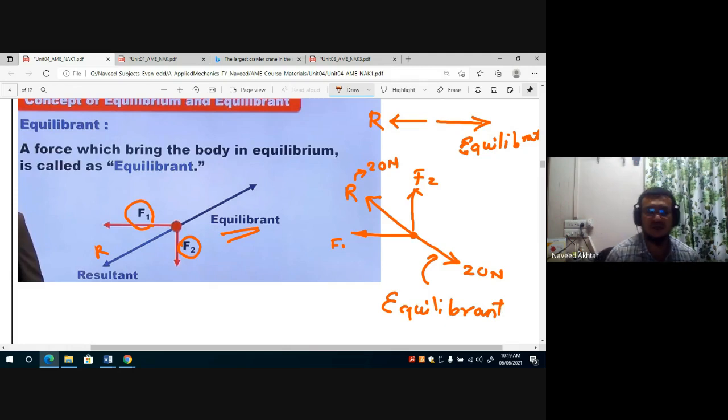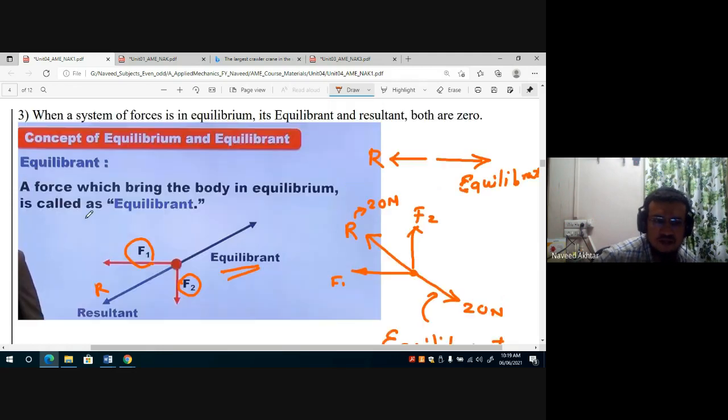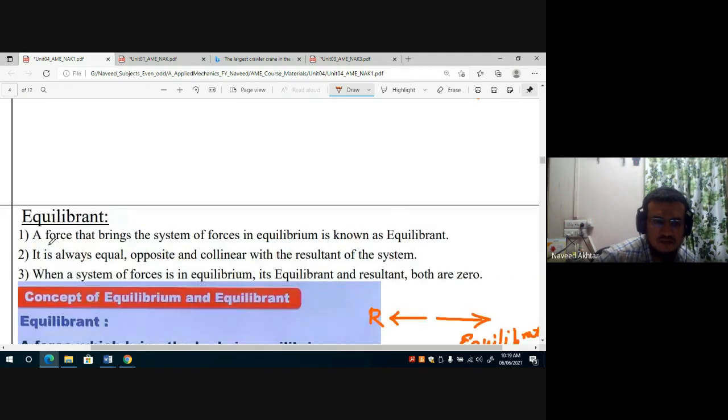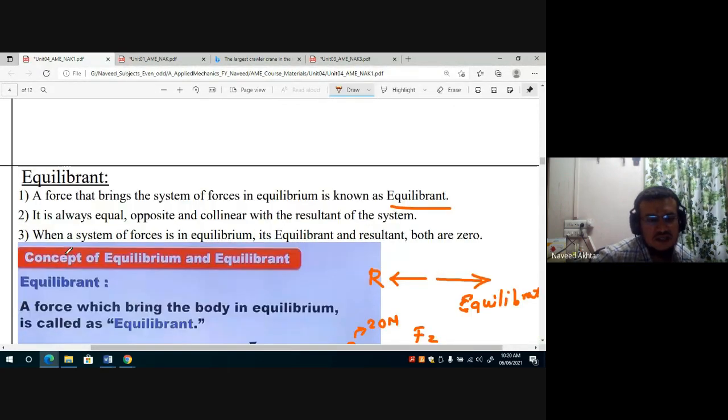The equilibrant is nothing but a force opposite in direction to the resultant, but with the same magnitude, to keep the body in equilibrium. It is always equal, opposite, and collinear with the resultant of the system.